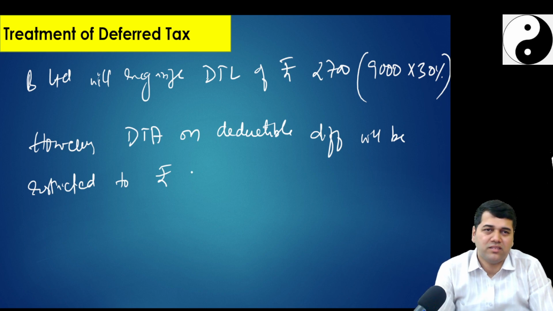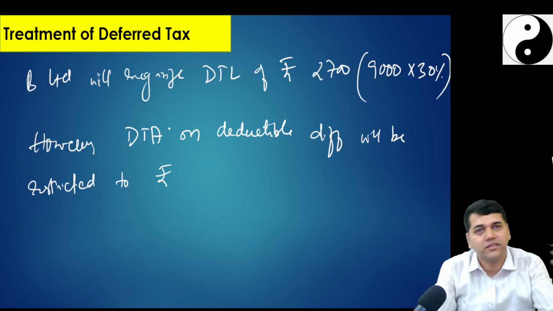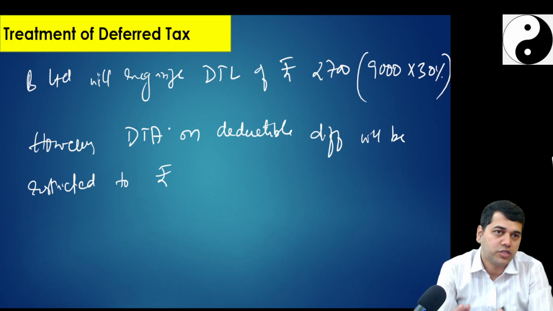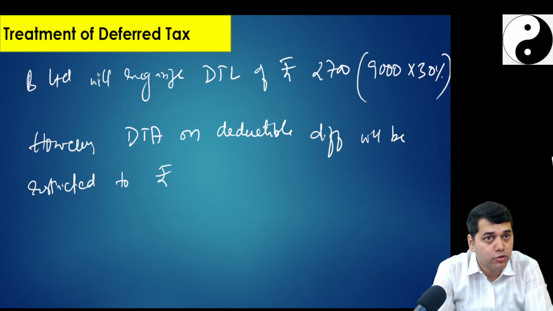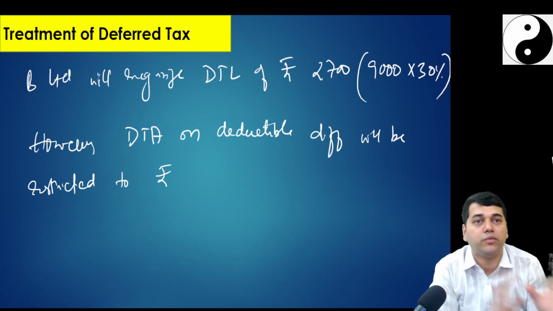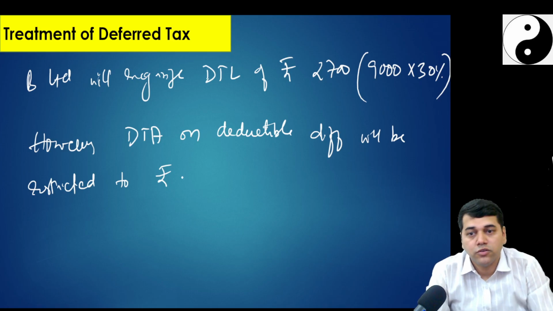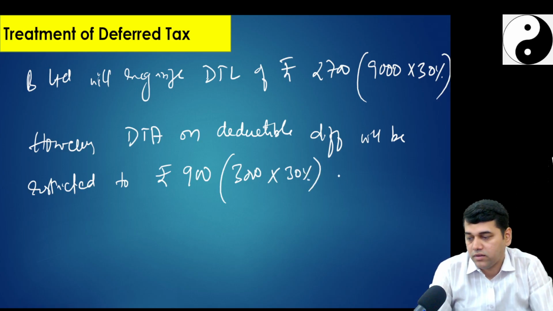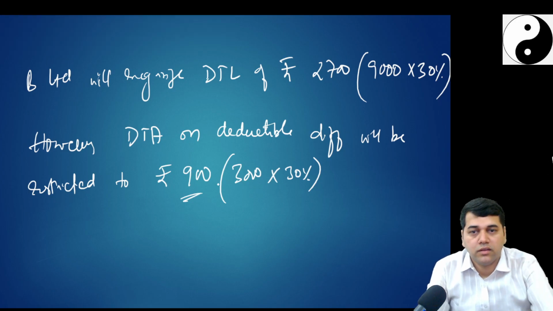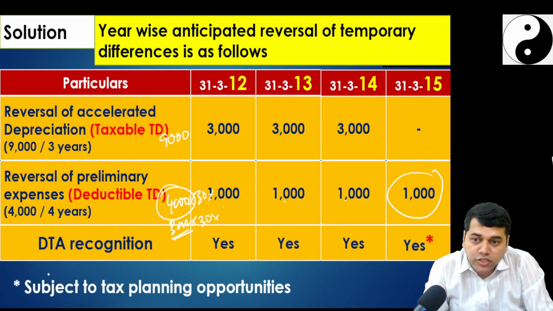Okay, subject to, we can write. If it's allowed, we can see. The question is very silent there. You have to look into the question and learn how to answer depending upon the circumstance. So we will say that 900. How did you get it? 3,000 into 30%. It is restricted to 900. It is subject to.